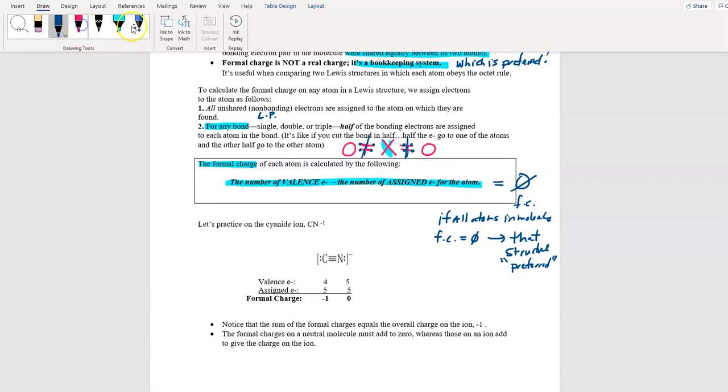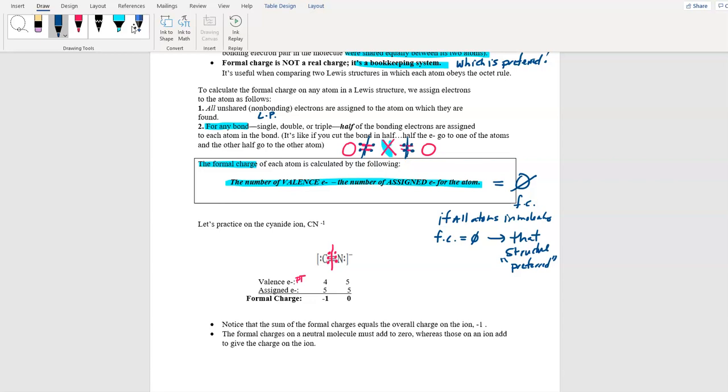So when you set up your calculation, carbon has 4 valence electrons, nitrogen has 5. Because Mr. Periodic Table told me so. But what's assigned? So first, cut the bonds in half. And remember, I have 3 on this one, and I have 3 on this one. So what's assigned? Look at carbon.